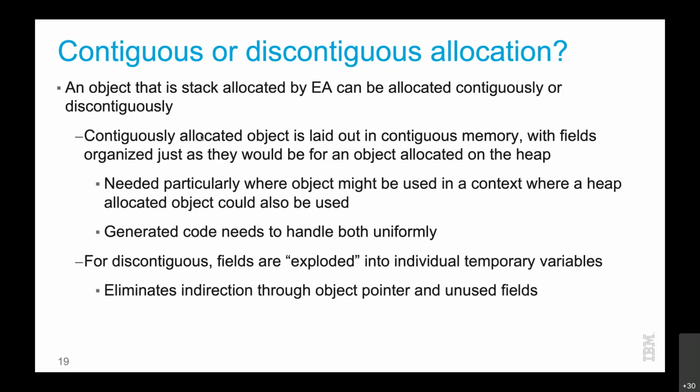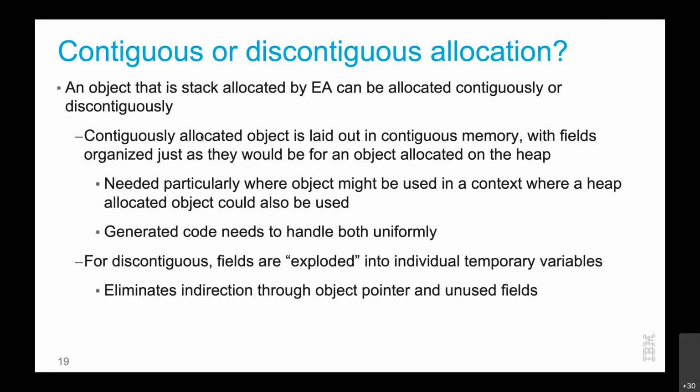So if it knows that it's only going to be operating with this stack allocated object in all those particular locations where that object is used, then it can explode the thing into individual temporary variables. And that has the added benefit of avoiding indirection through an object pointer. Now it can refer directly to those variables directly on the stack.